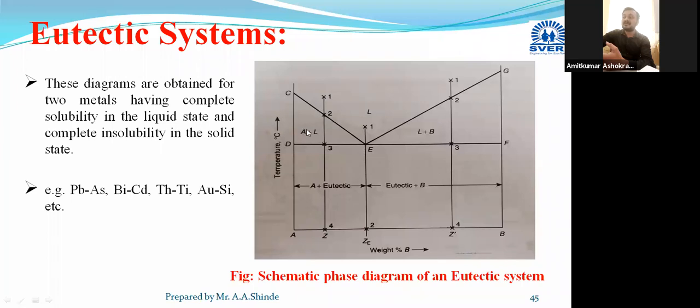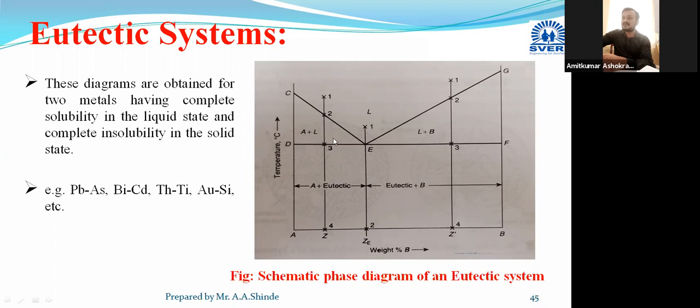From this liquid mixture, element A in the form of solid starts separating out. In region 2 to 3, as the temperature gradually decreases, the amount of solid A increases and the amount of liquid decreases.